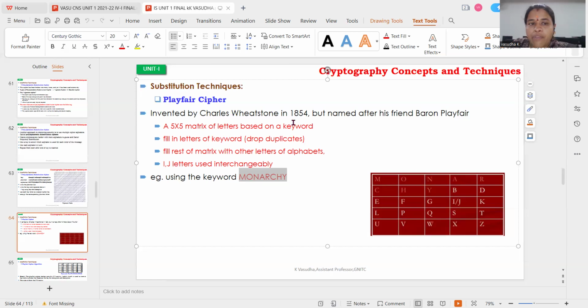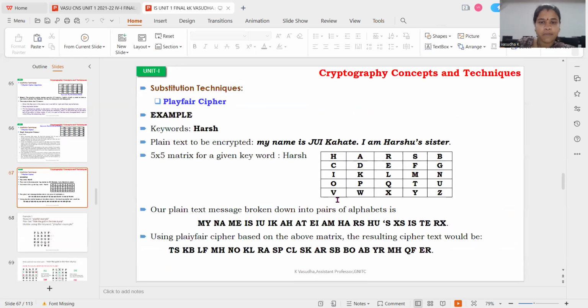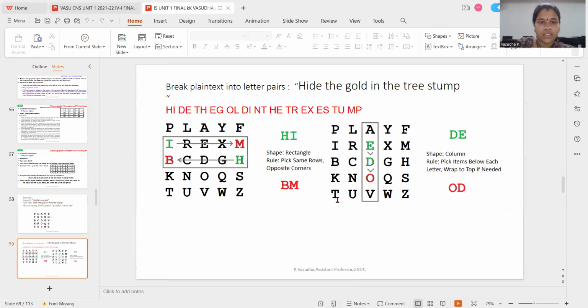If you take a 5 by 5 matrix, we get 25 fields, but we have 26 letters. So I and J will be clubbed together and kept in one cell. Let us take one Playfair example and I'll explain the concept.